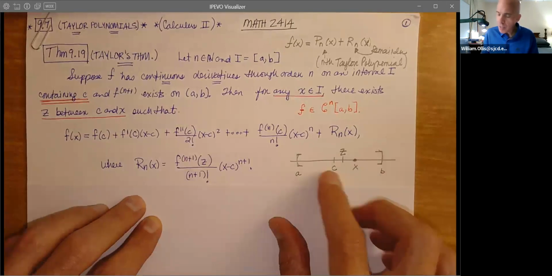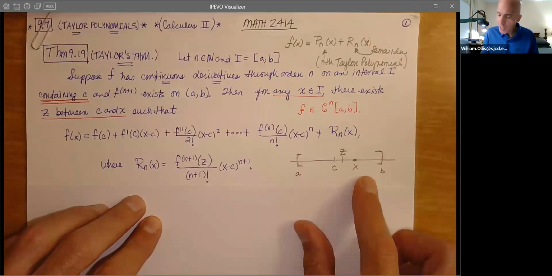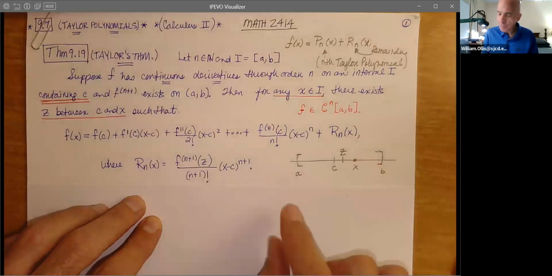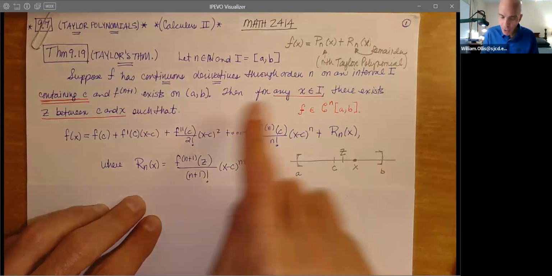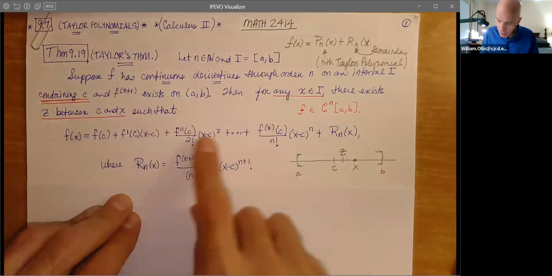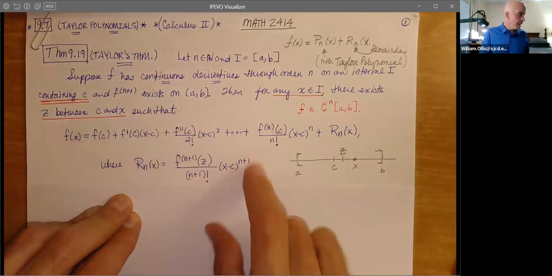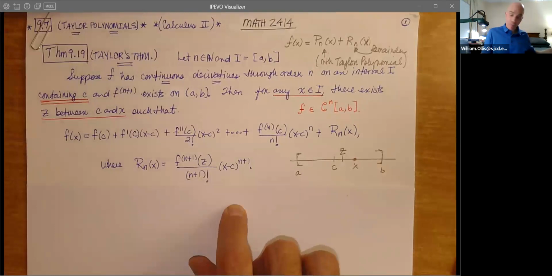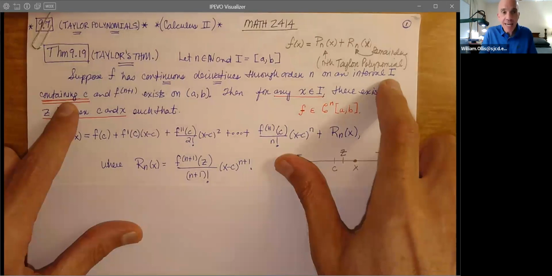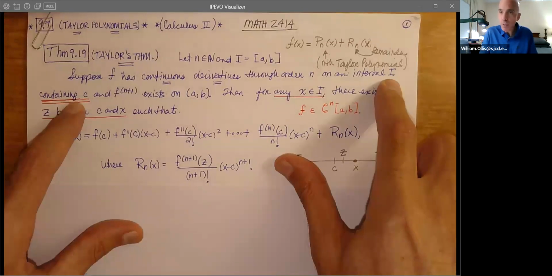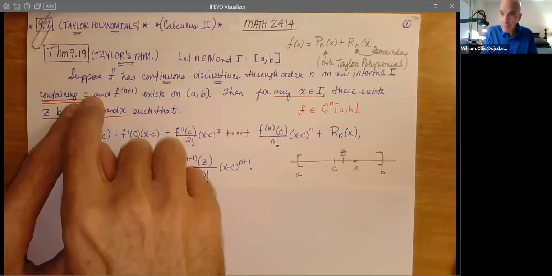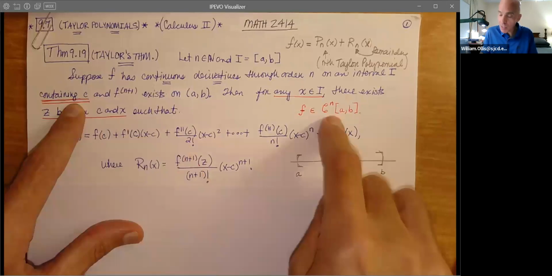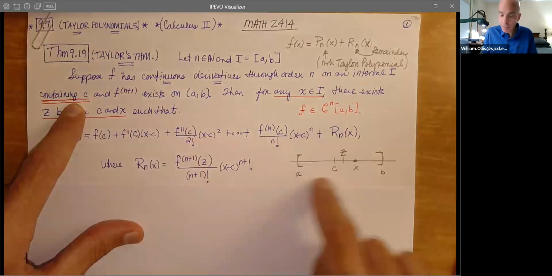And so then what you have here is for any x in this interval, there will exist, notice up here with my statement, an interval I containing C. I've got that double underlined. I just wanted to make sure I had it printed. See that? Containing C. I didn't mention that because I was talking about this. So C is on this interval.